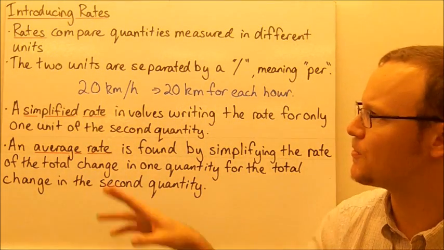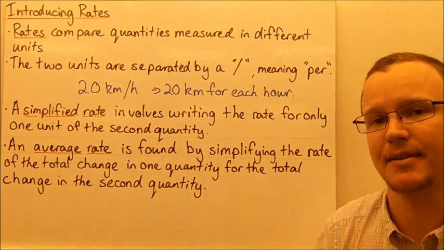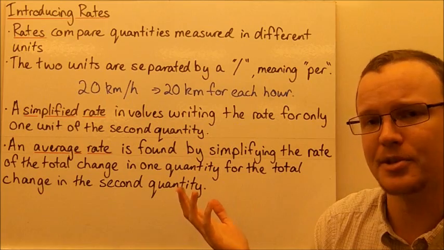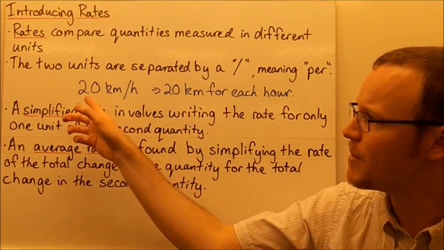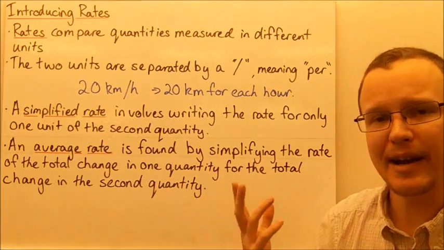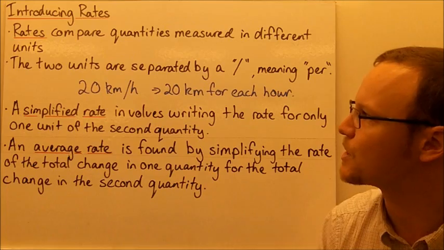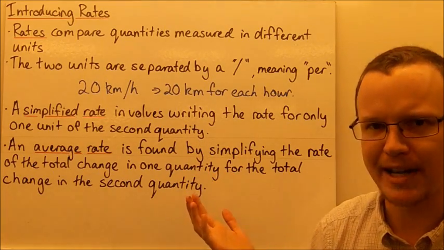If it wasn't a simplified rate, it could be the same rate but maybe it's 40 kilometres per 2 hours. So in 2 hours I would go twice as far, 40 kilometres, but it's not a simplified rate.